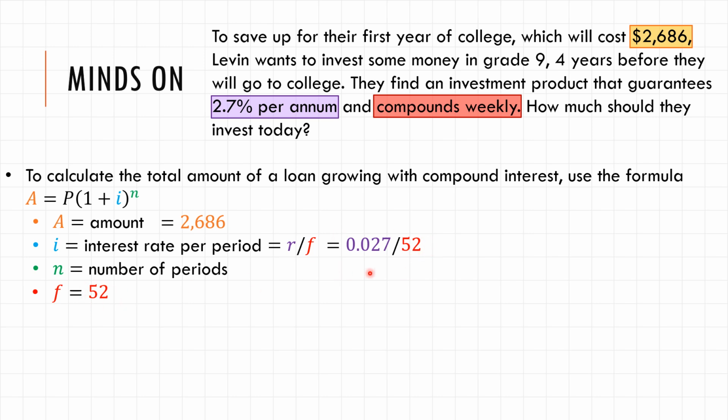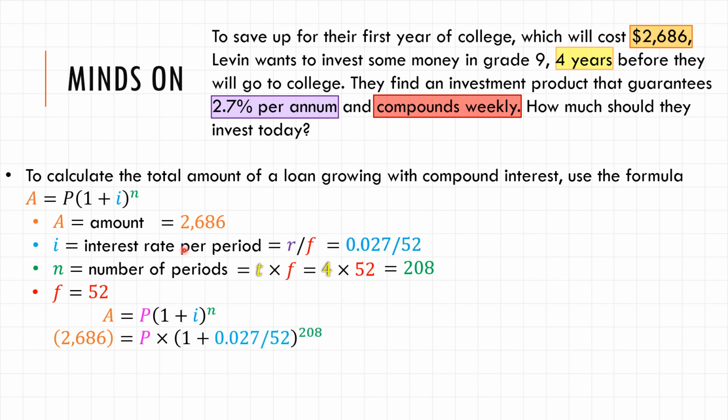And that's going to give me a really ugly decimal, so I'm just going to leave it as a fraction. That's the interest rate per period. The number of periods in 4 years, if it compounds every week, means we take the 4 years and multiply it by 52 weeks to get a total of 208 weeks. And now let's plug in the variables that we know. That's the future amount, that's the interest rate per period, and that is the number of periods.